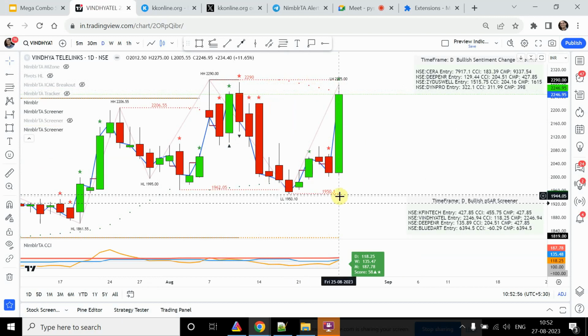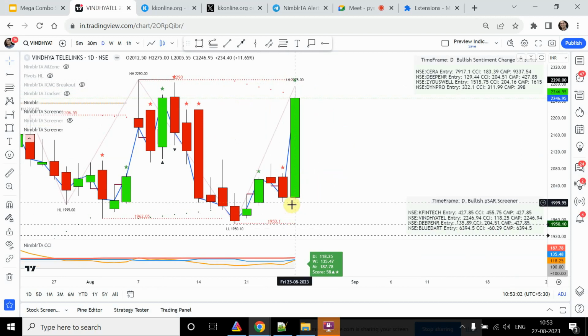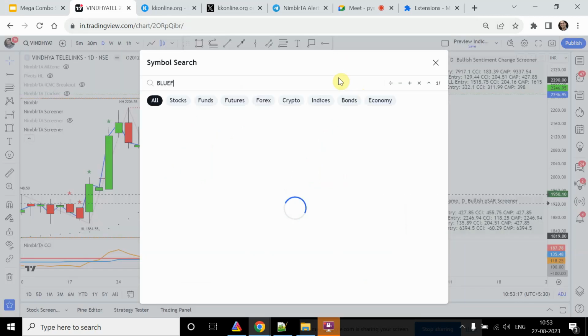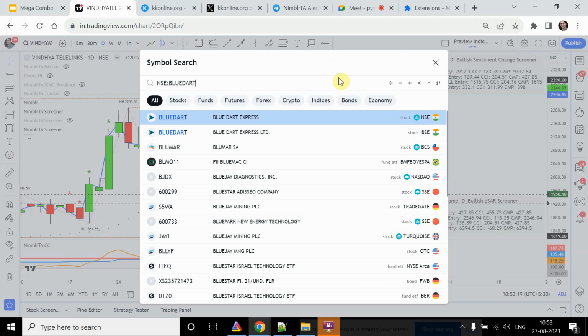And suddenly at this moment, we see it has come in the screener for pSAR. So this pSAR screener tells us that now we have the green value of pSAR. It has moved below the stock, and now it tells us that the change has happened on the daily time frame for pSAR. Similarly for Blue Dart, it is a bullish change.